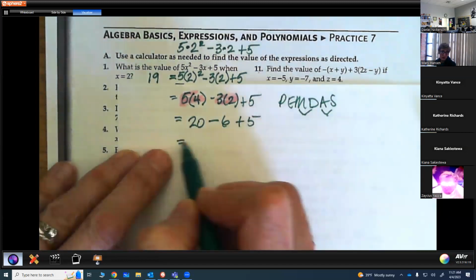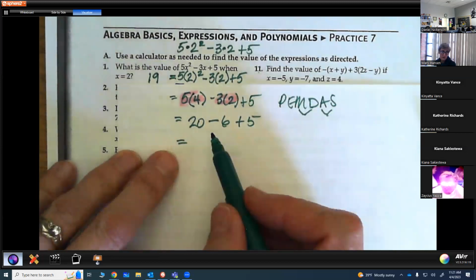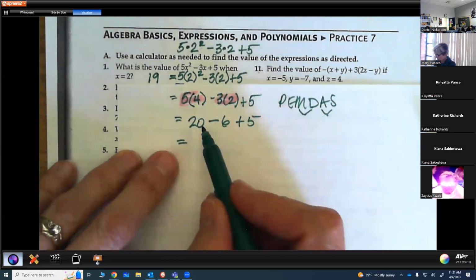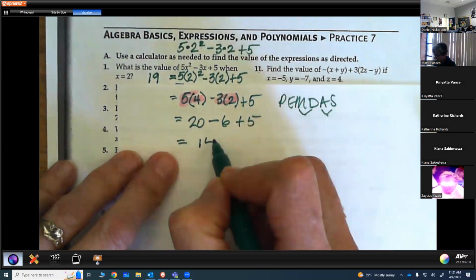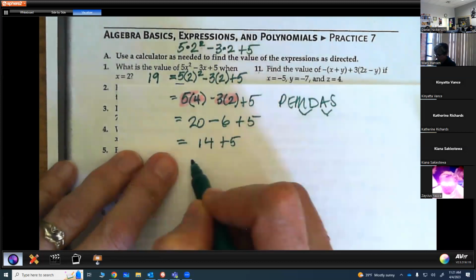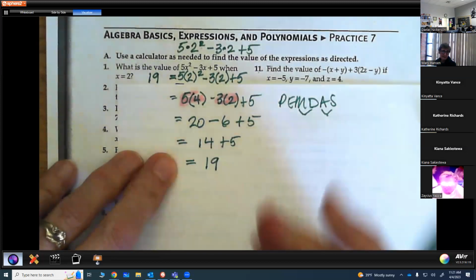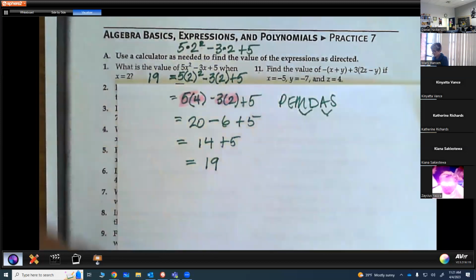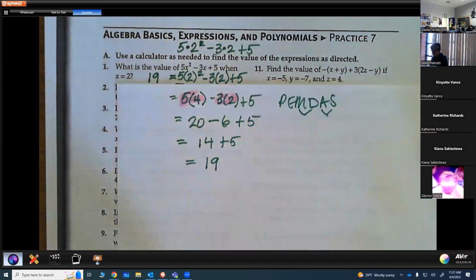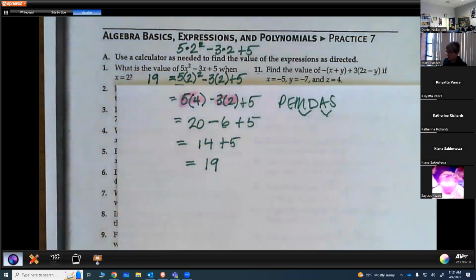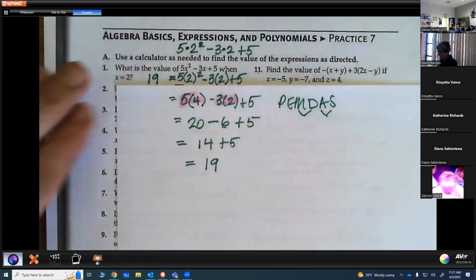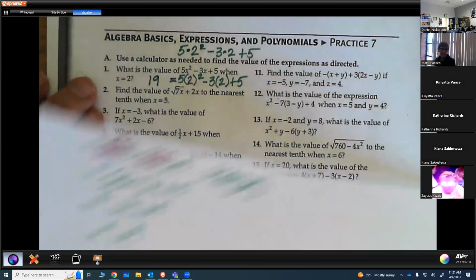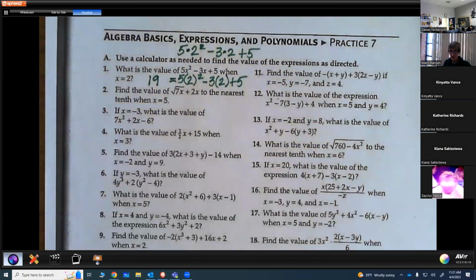Then I do my addition and subtraction left to right. 20 minus 6 is 14, and 14 plus 5 is 19. Our focus today is really using the calculator and getting comfortable with it. But this is a great thing you could redo by hand to see if you get the same answers as the calculator.